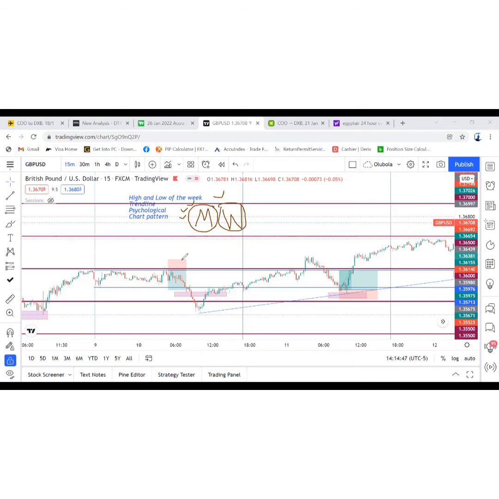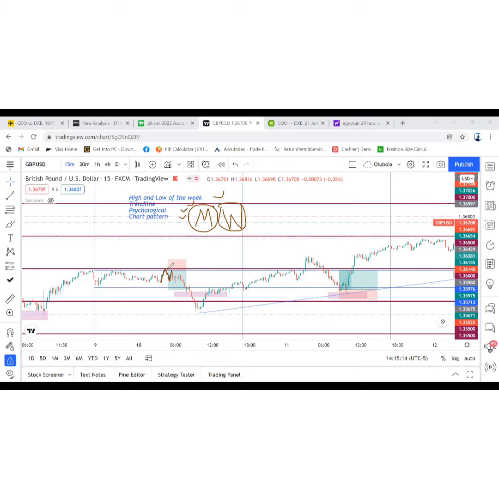So on Monday, my high and low of the week is checked. My psychological level is checked. That's number 2. I don't have a trend line, but I have an M pattern. This is my M pattern. The market comes here, it pushes down, then it pushes up here.